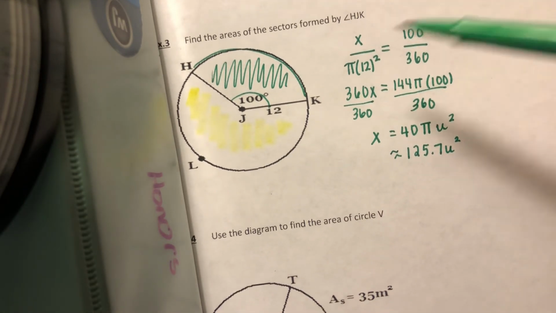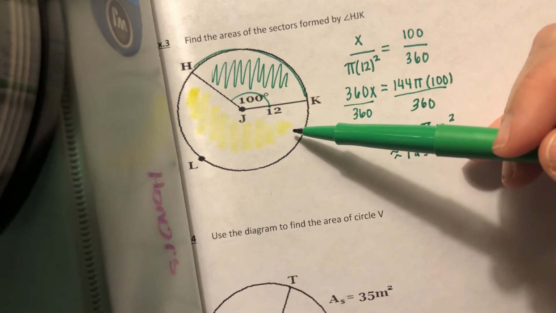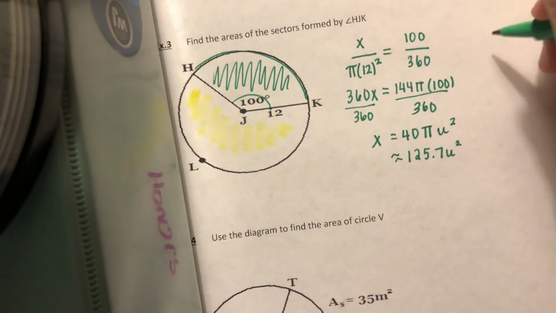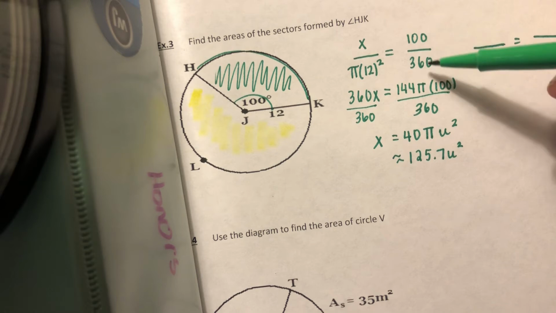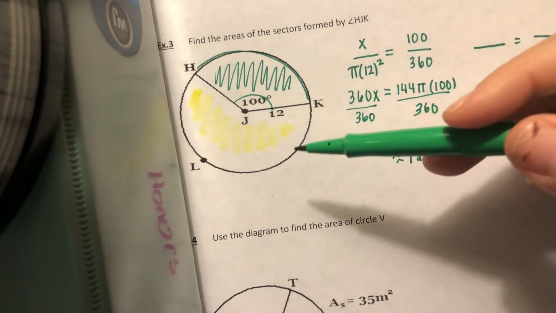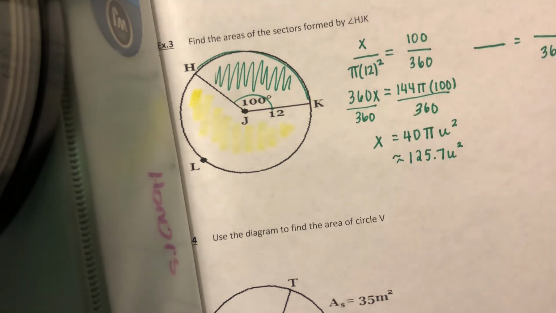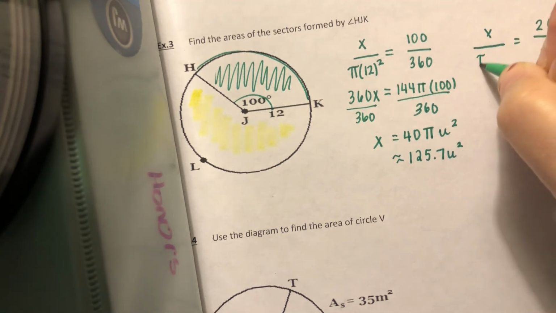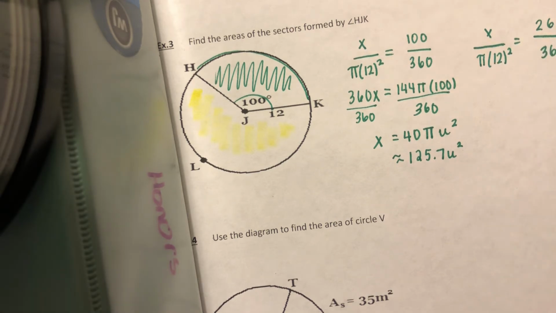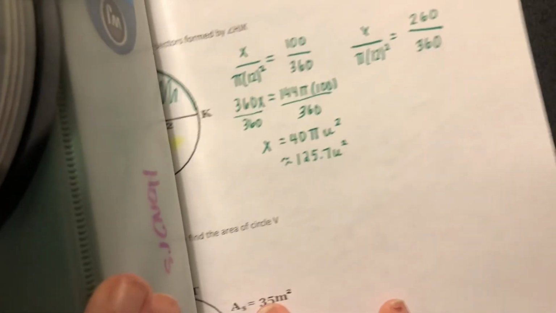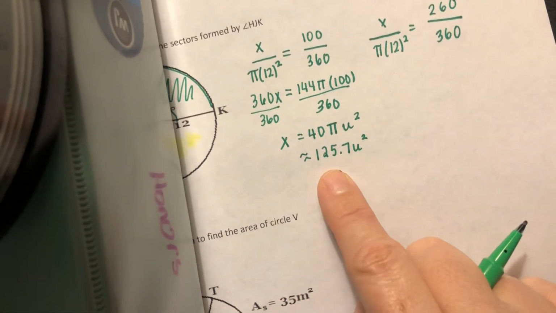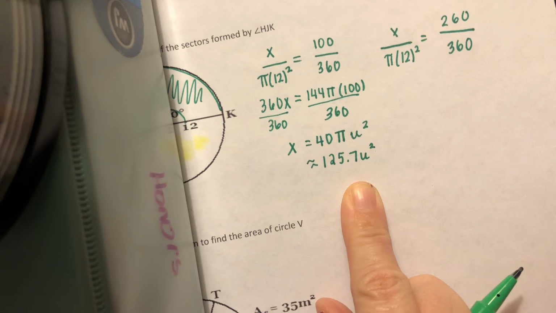Okay, for the yellow sector, you have two options. You can just set up another proportion, which I've found that a lot of people prefer to do. So if the green portion was 100 of the degrees out of 360, how many degrees would the yellow portion be? You just take 360 minus 100 and you get 260 here, and you just do this all the same way. Okay, your other option would be to find the area of the whole circle and just subtract off the 125.7. So it's really up to you.